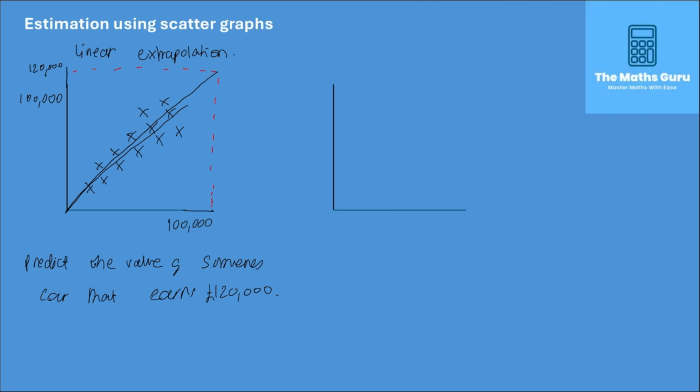Okay, moving on to the next type of estimation. It's called linear interpolation. It is a method of estimating an unknown value between known values on a straight line.